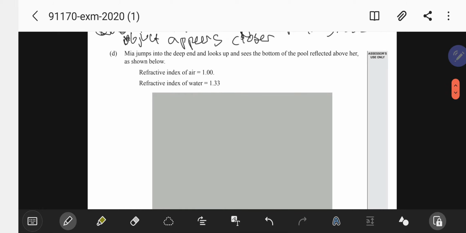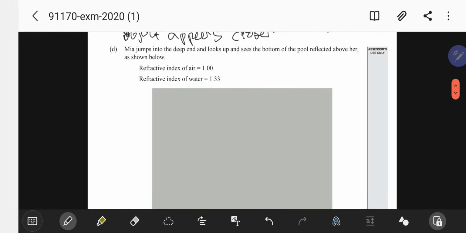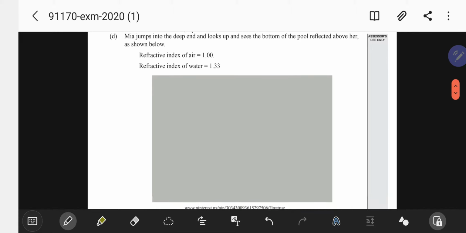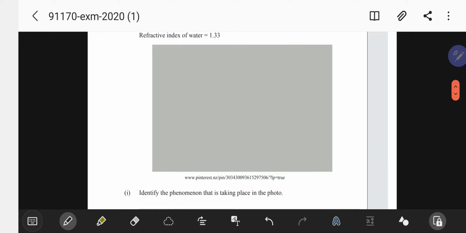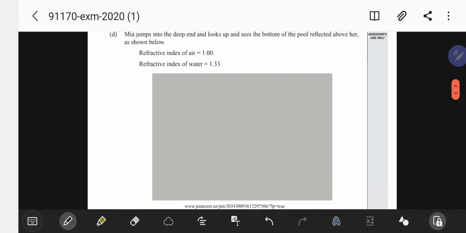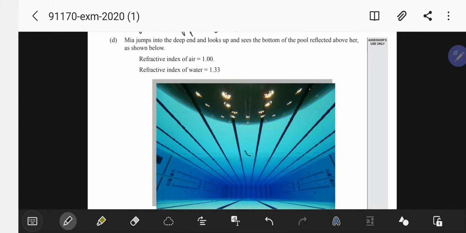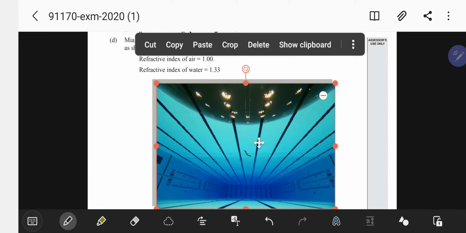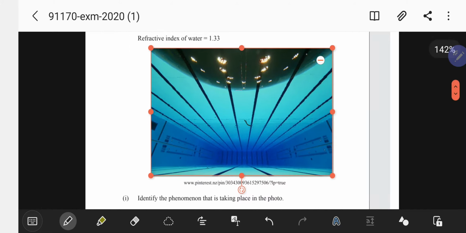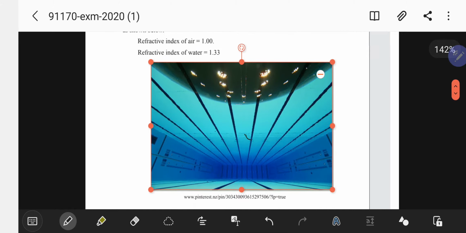Anyway, question D. Mai jumps into the deep end and looks up and sees the bottom of the pool reflected above her, as shown below. Okay, so I found the image. That is the image that was in the exam.